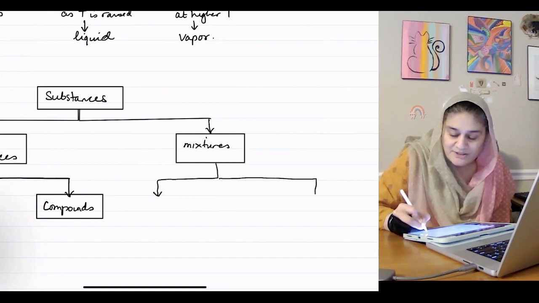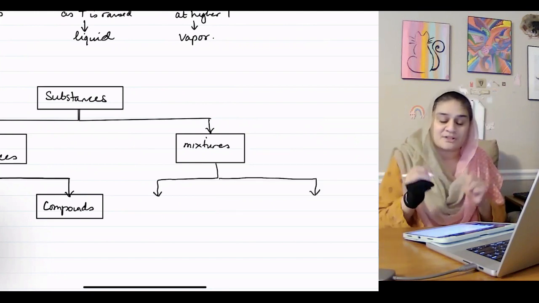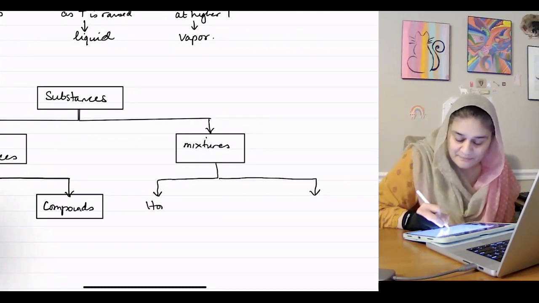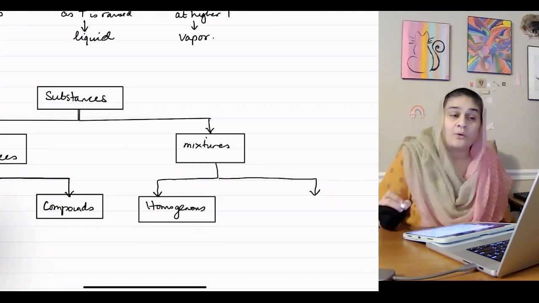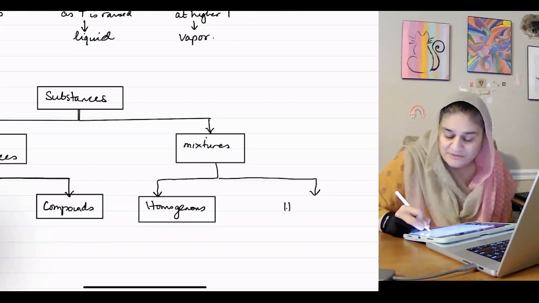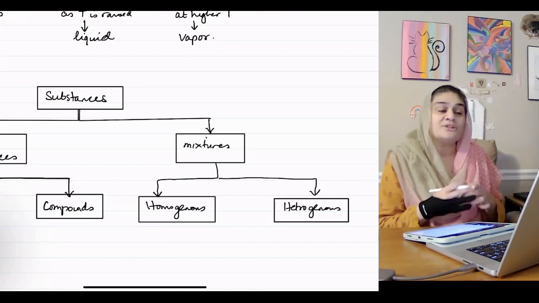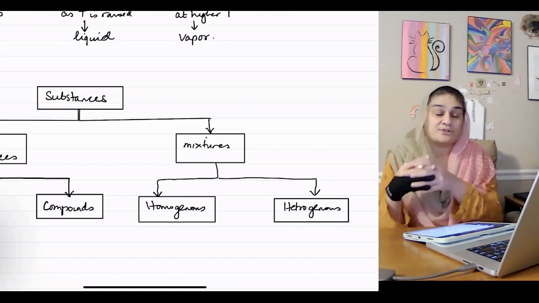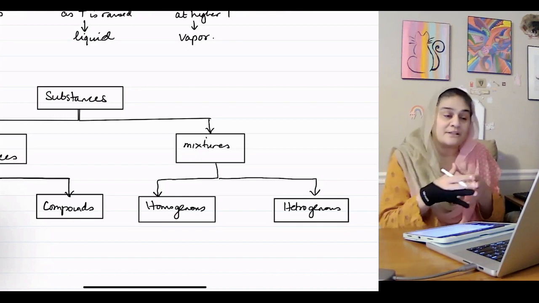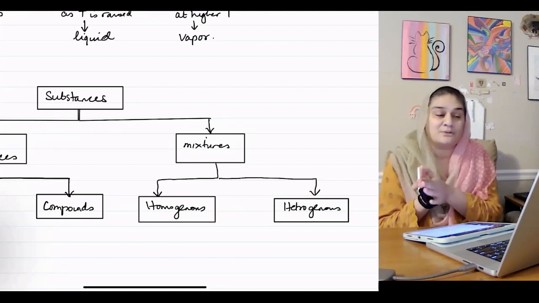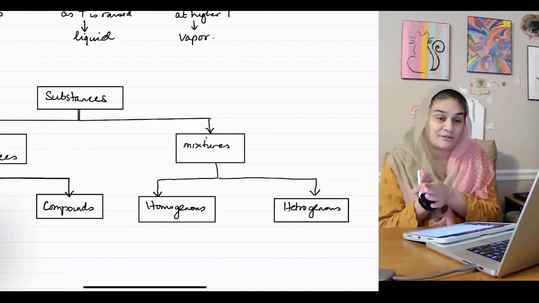Now, mixtures are categorized into two main types. Mixtures are either homogeneous or heterogeneous. Homogeneous mixtures have the same composition throughout. They are either physically uniform, that is, they have a single physical phase, or they are chemically uniform, that is, they have a single chemical throughout.